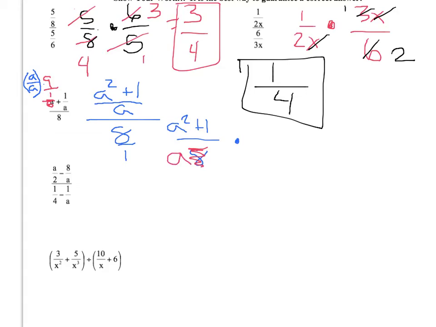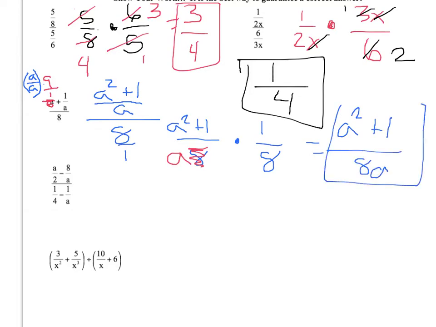And then this 8 over 1 is going to change to a 1 over 8. Cross off what you can, which is actually nothing. So what you multiply across, a squared plus 1 times 1 is a squared plus 1. A times 8 is 8a. You cannot cross off the a squared and the a because remember the a squared is combined by the plus 1.